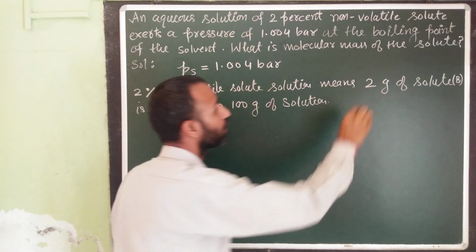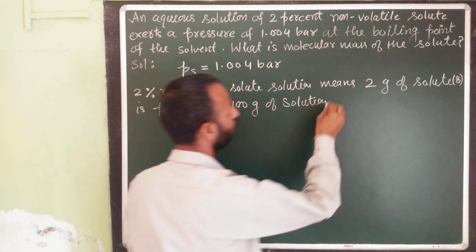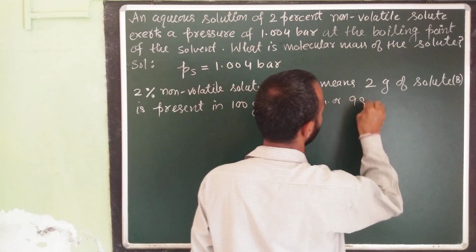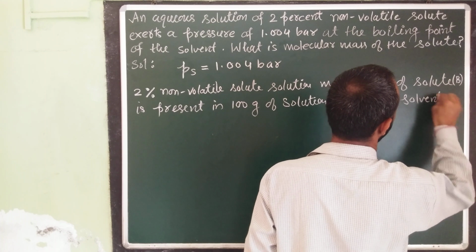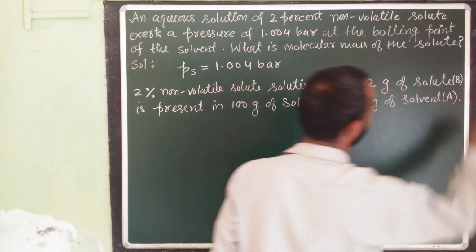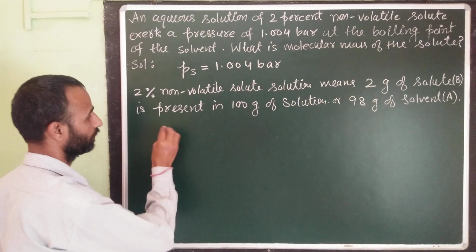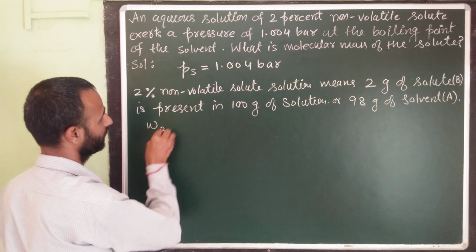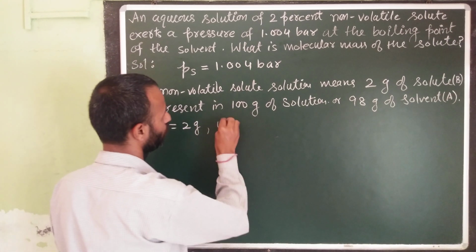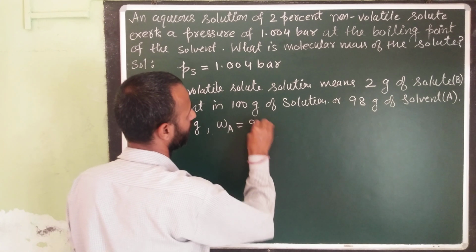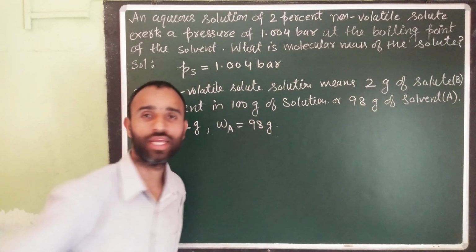So as 2 gram is solute, 98 gram of solvent A. So from this statement we get WB as 2 gram and WA as 98 gram.